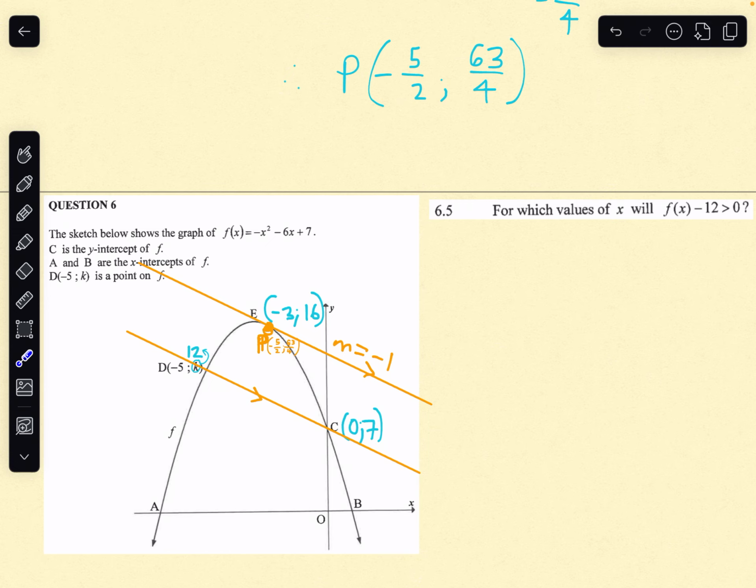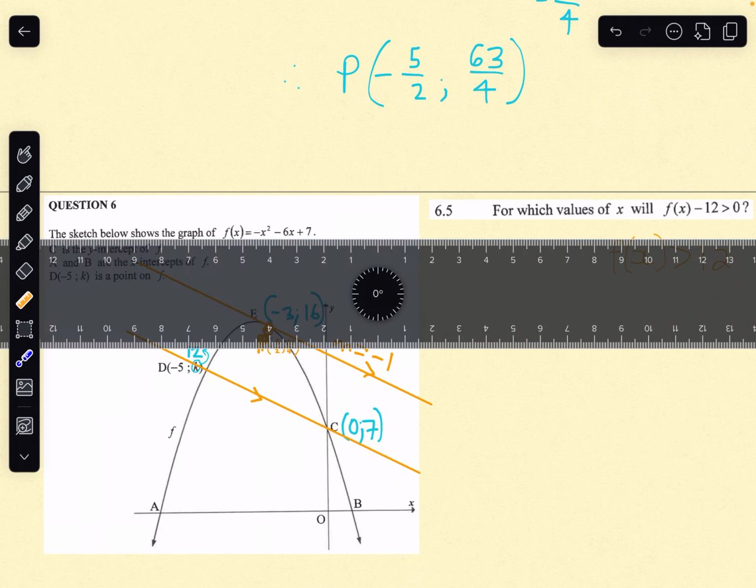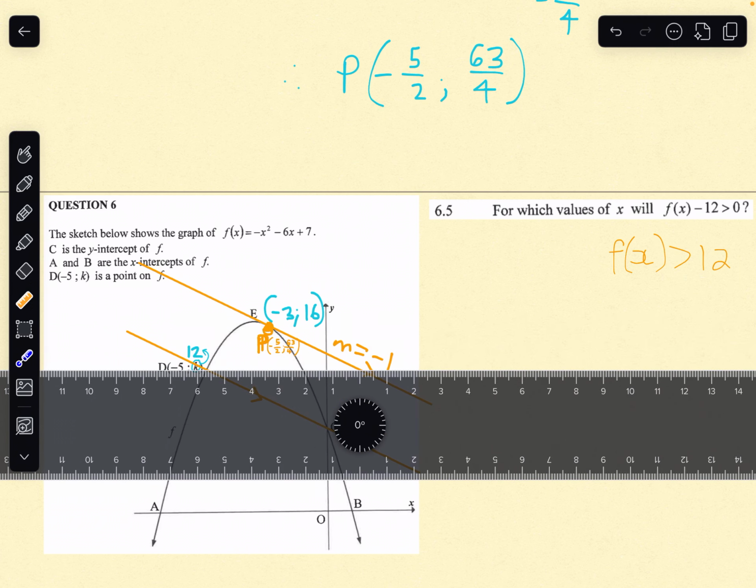Another way that you can think about it is you can rearrange the equation and say, well, this is the same as f of x greater than 12. So for which values of x is the current function outputting values bigger than 12? If you were to put a ruler here, you would say these are the parts of the graph that I'm interested in, because this is where the y values are greater than 12.